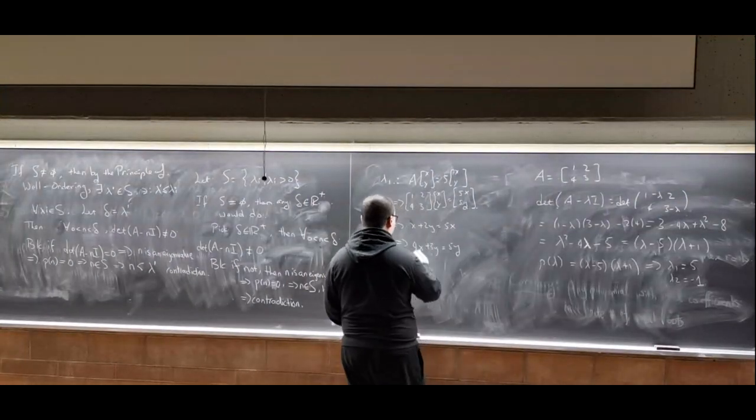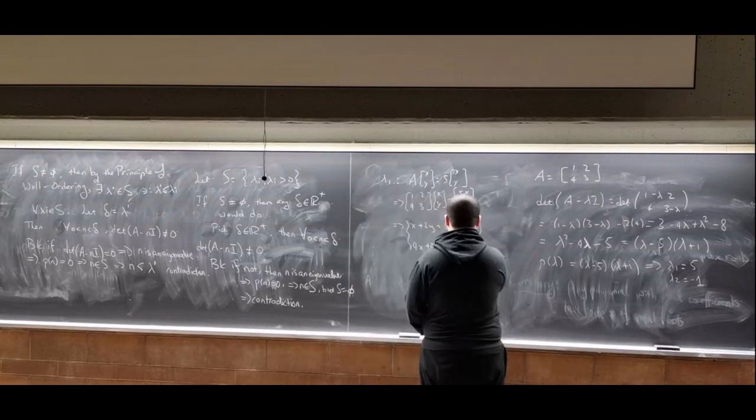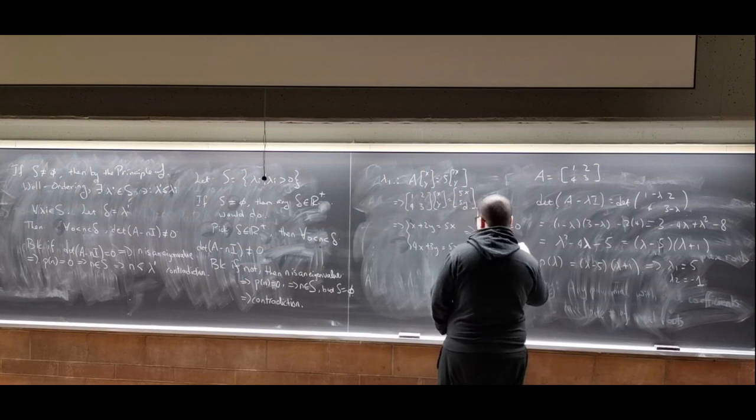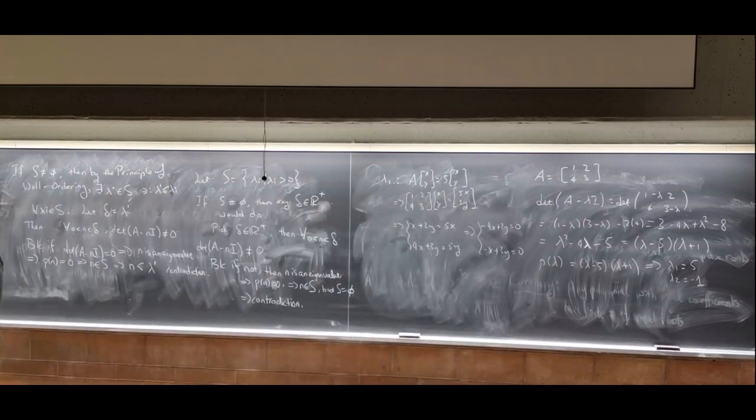So what is this? This basically means minus 4x plus 2y equals 0, and minus x plus 3y equals 0. I am way too lazy for this, so I'm just going to use Symbolab.